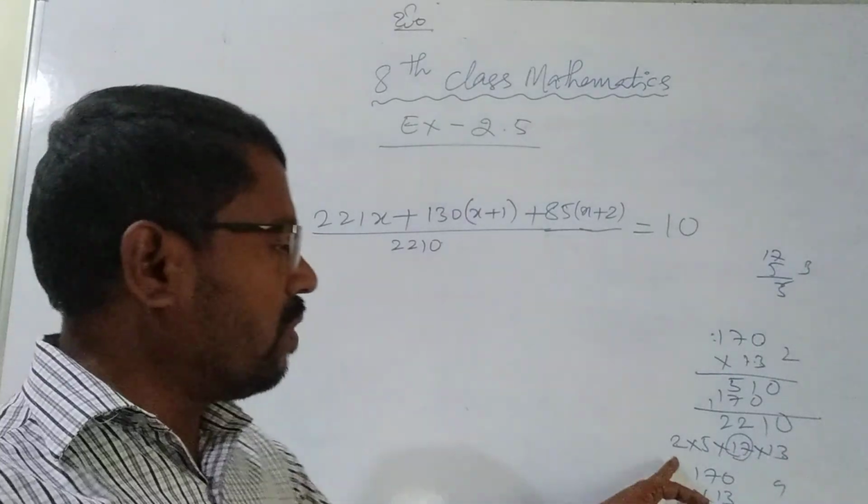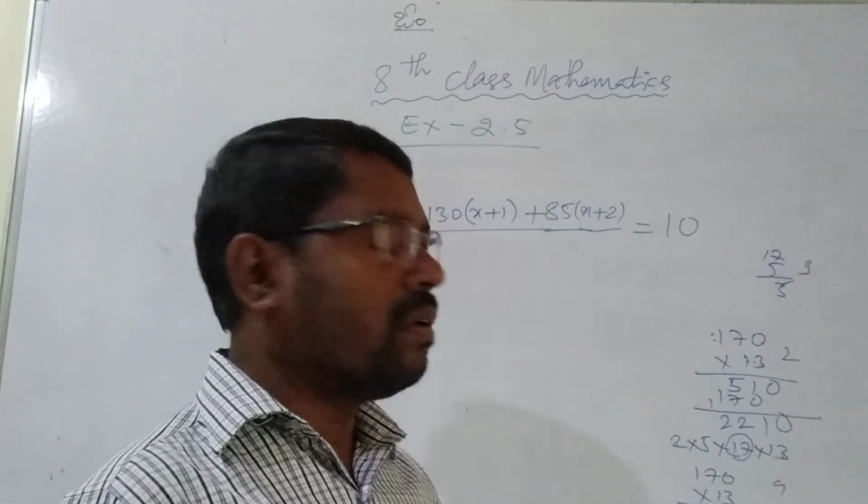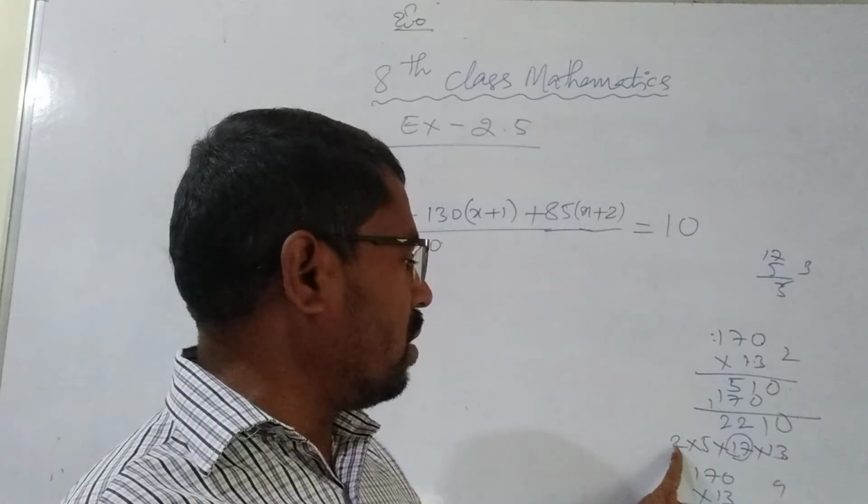Okay children, simple one. 2 into 5 into 17 into 13: whichever you want to take, first remove 10, that is 2 into 5.